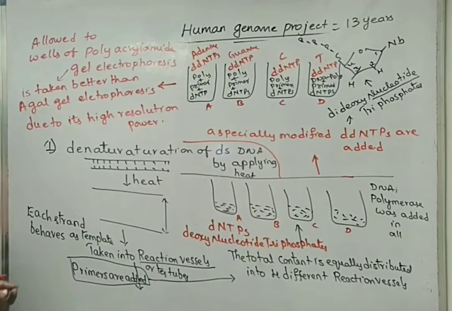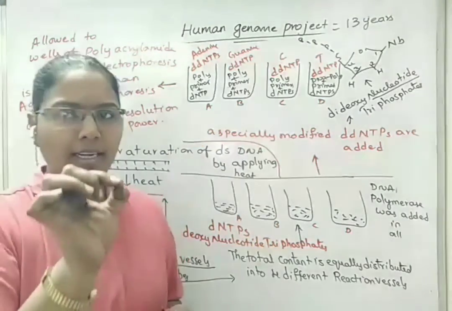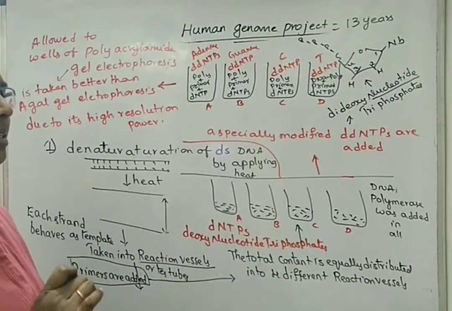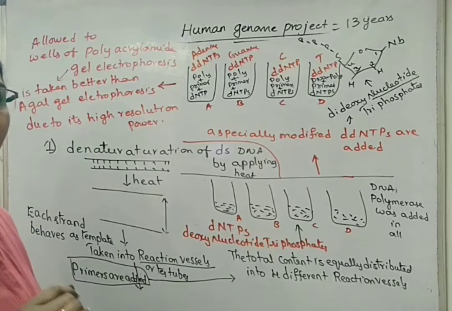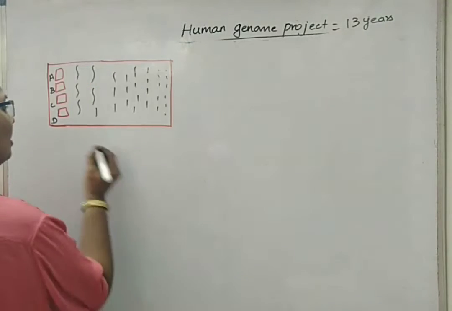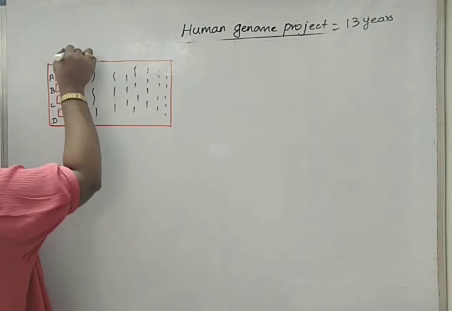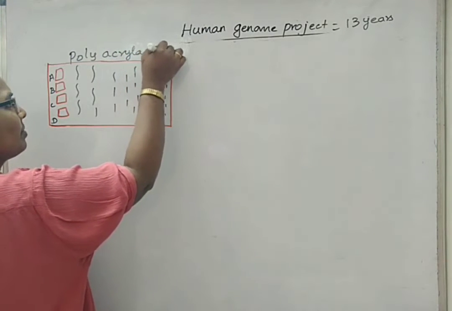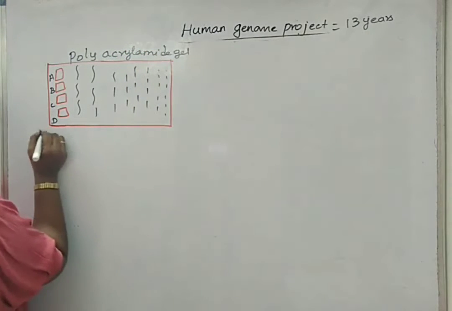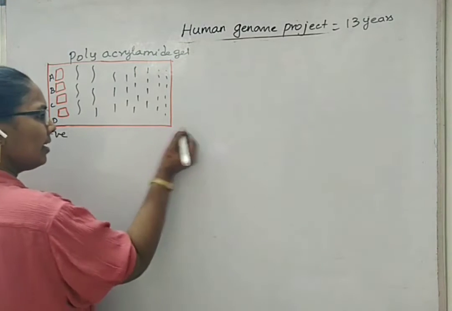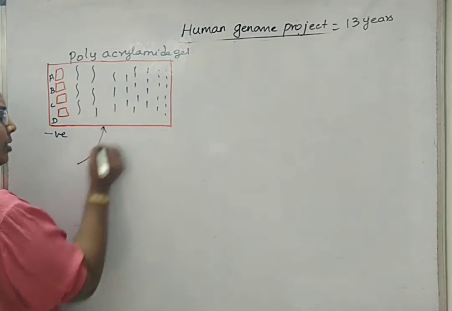The next step is that the DNA strands will get separated based on the length of the DNA strands. The shorter DNA strands will be moving far from the wells. In polyacrylamide gel electrophoresis, DNA has a negative charge and an electrode is connected to it.